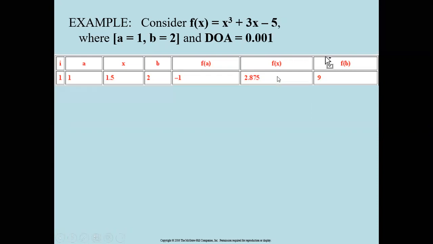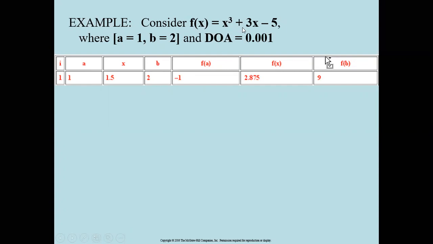And we need to investigate the change of sign, whether it happens between a and x or x and b. If we try to investigate, of course, we can determine f(a) by substituting the value of a into the given equation.